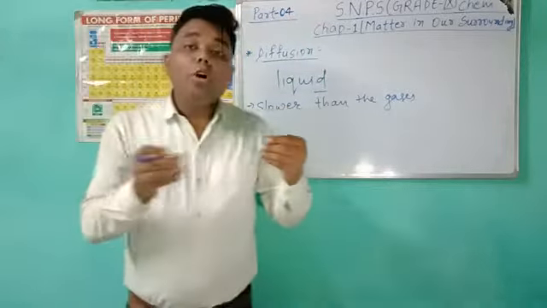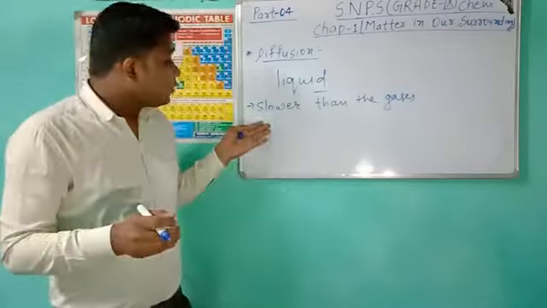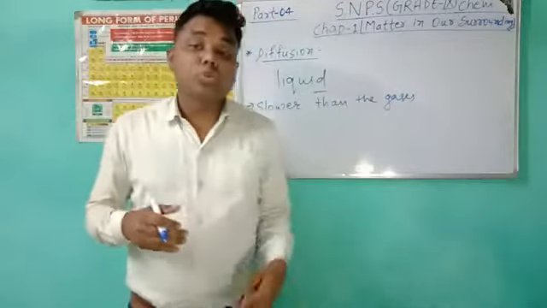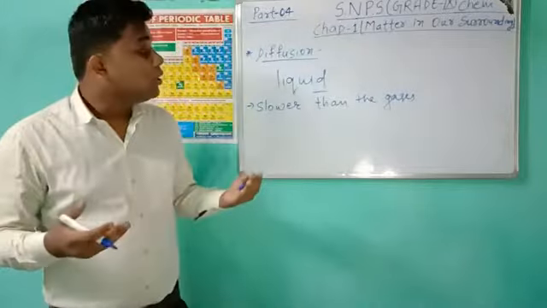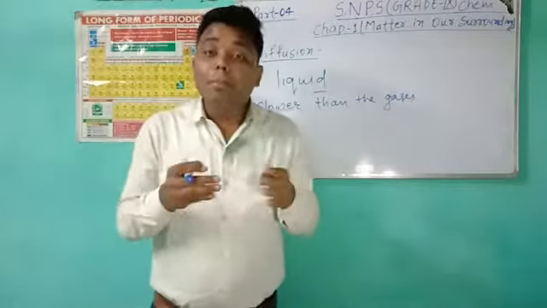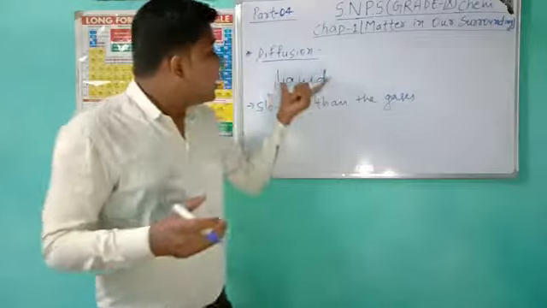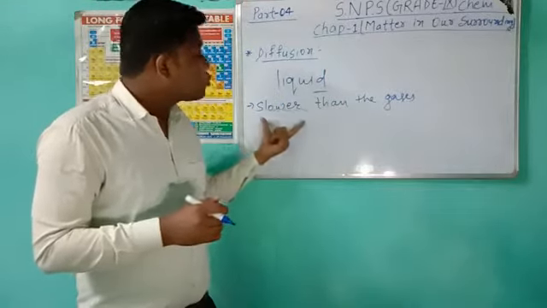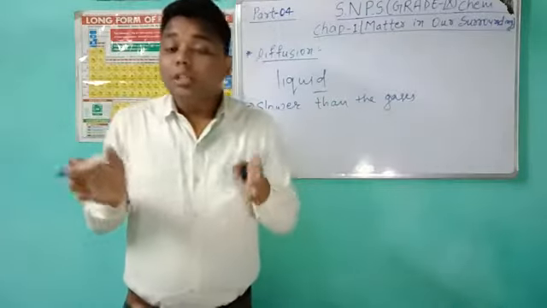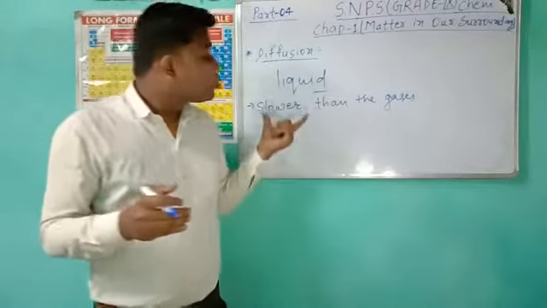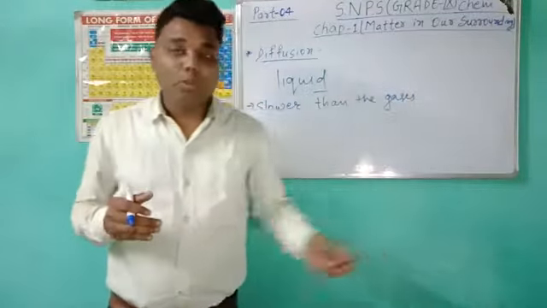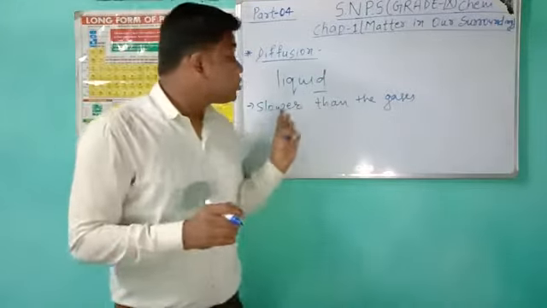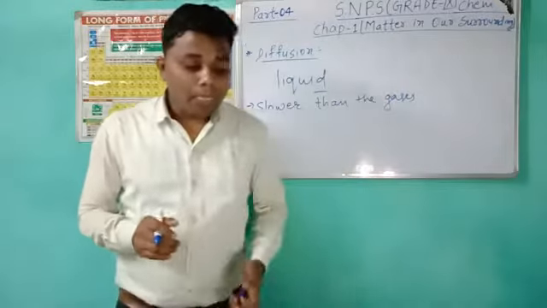The movement of particles is slower in liquids but faster in gases. So the process of diffusion depends upon the movement of the particles of a substance. The movement of the particles of a liquid is slower than a gas, so diffusion is also slower than in gases.